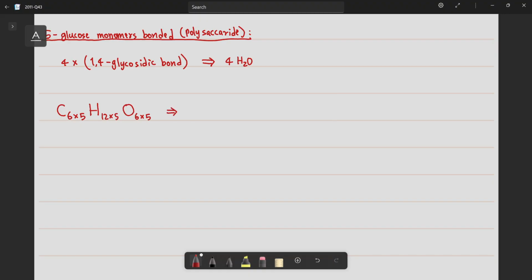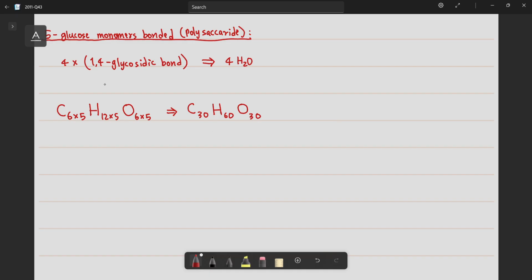This will give me C30, H60, and the oxygen is 30. But this is incomplete.